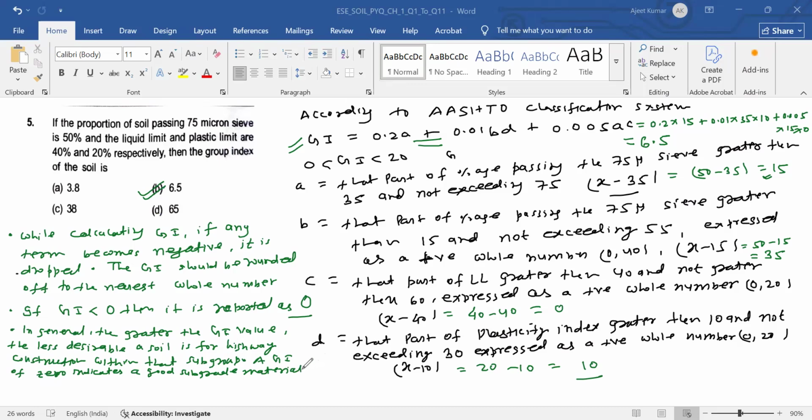while a group index of 20 or more indicates a very poor subgrade material.